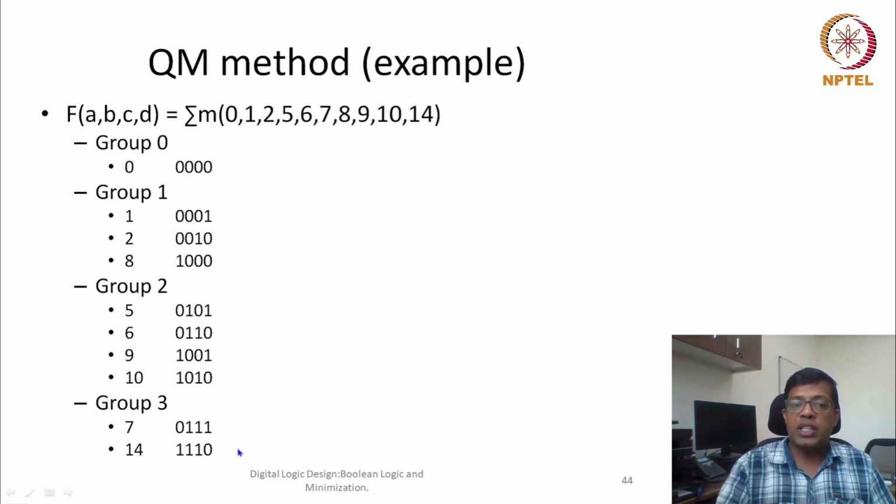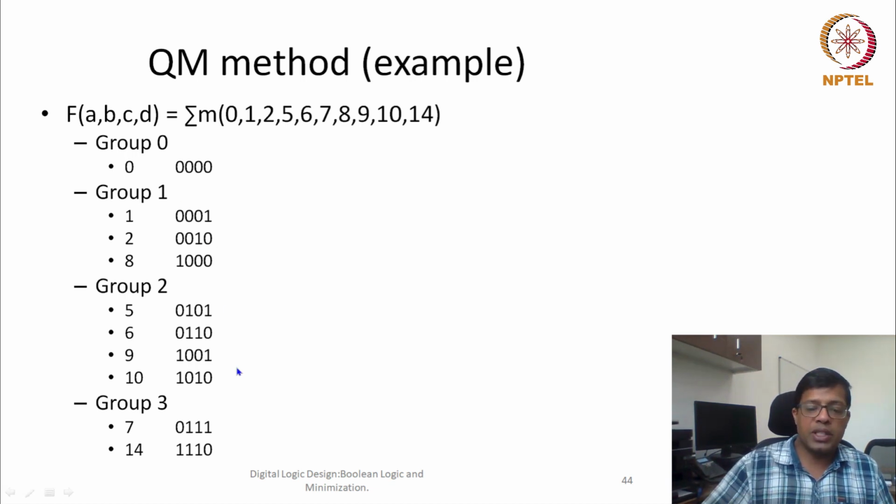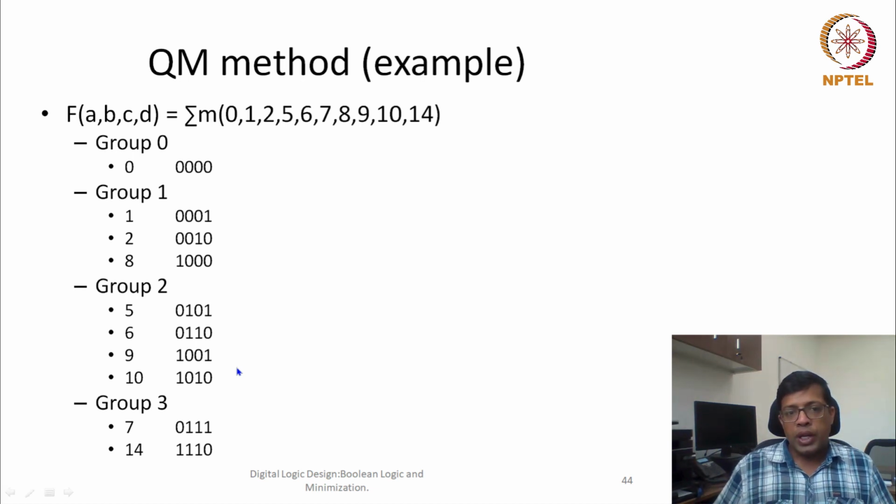Similarly 7 and 14 have three ones. So we are grouping them in the order of the number of ones present in each min term, in ascending order. First would be the minimum number, and after that, within each group also we can arrange them in ascending order. Let me repeat what the logic is here.